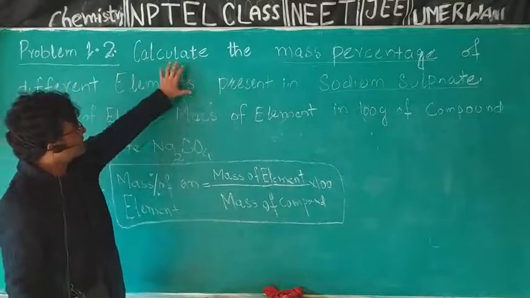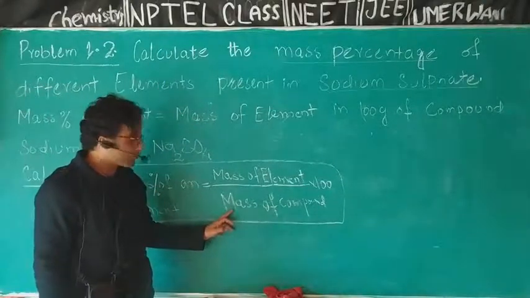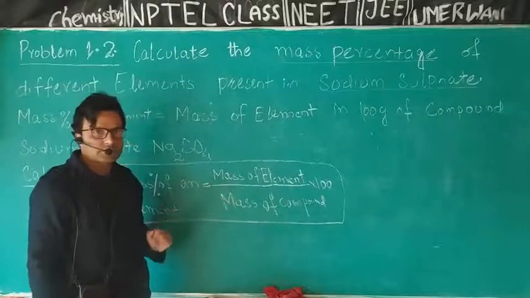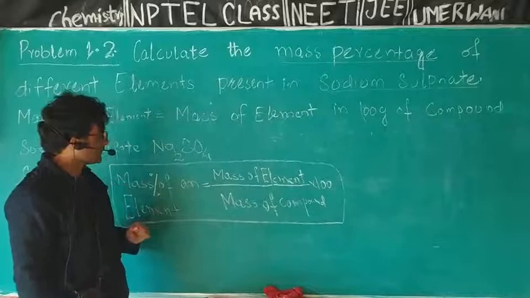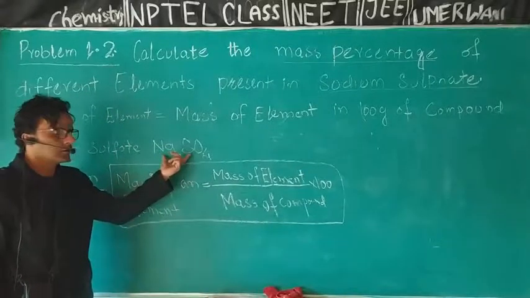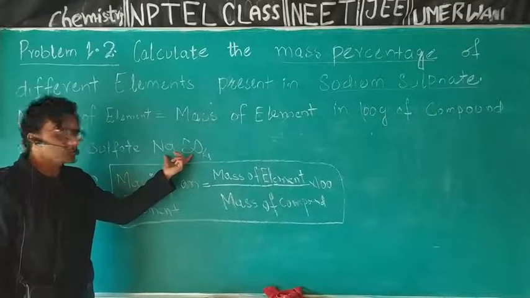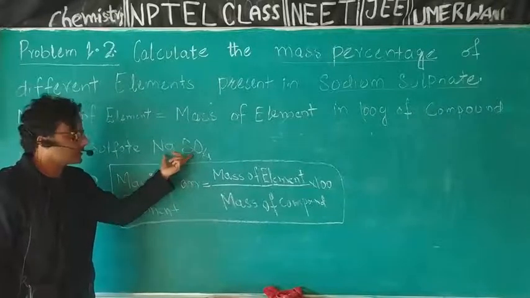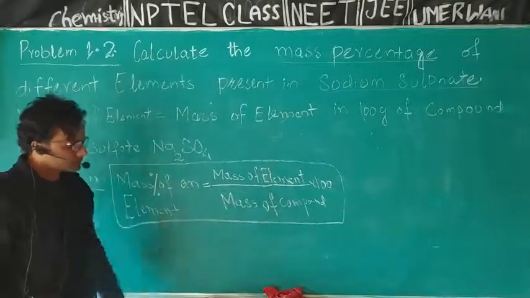But as far as this problem is concerned, neither the mass of compound is given nor the mass of element in this compound. That is why I said sodium sulfate will play the role of an actor here. It will help us to solve this problem. How?